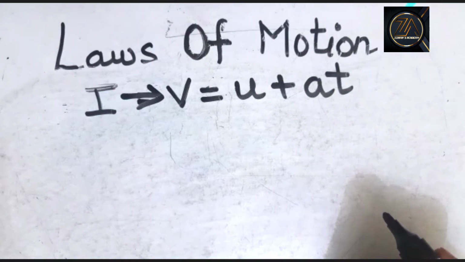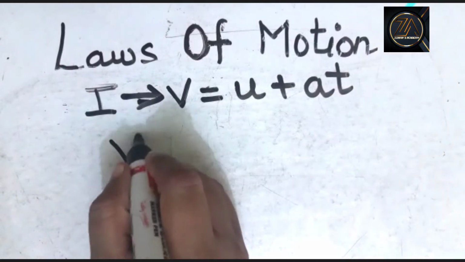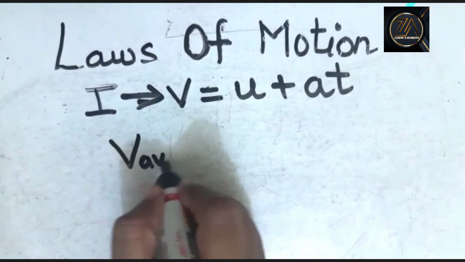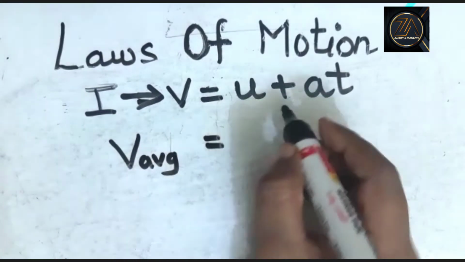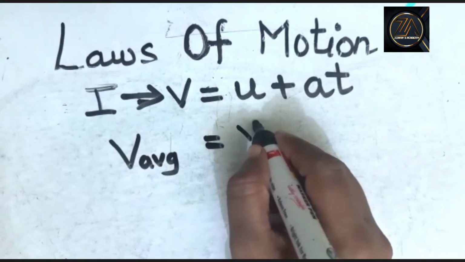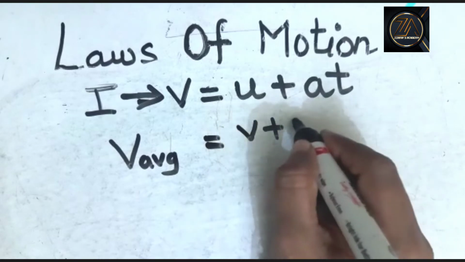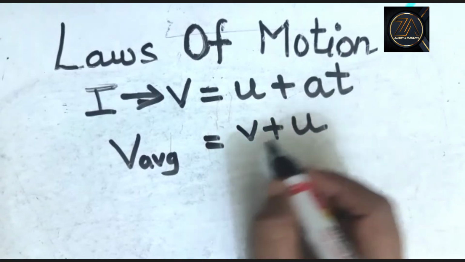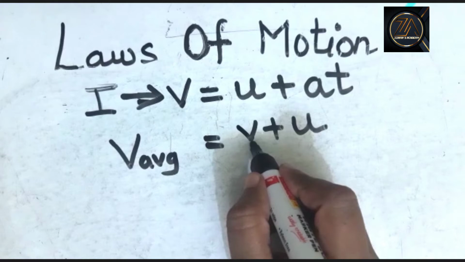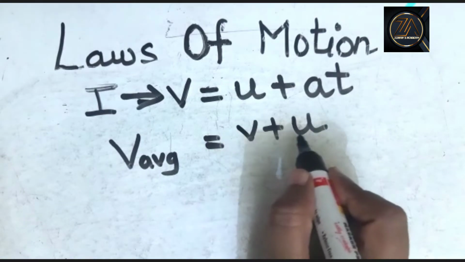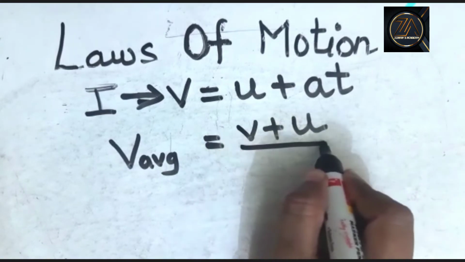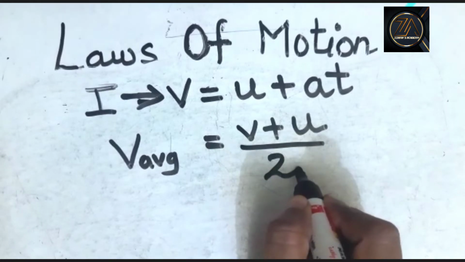If a vehicle is moving with constant acceleration, then we can say that average velocity equals final velocity plus initial velocity, divided by 2.